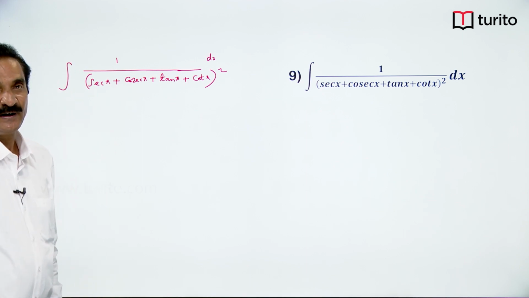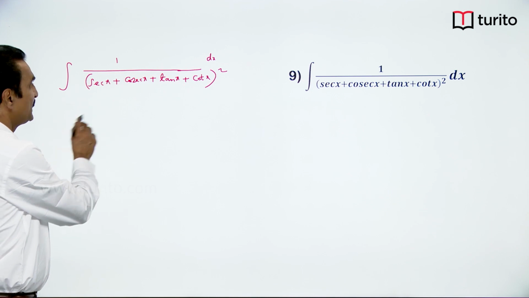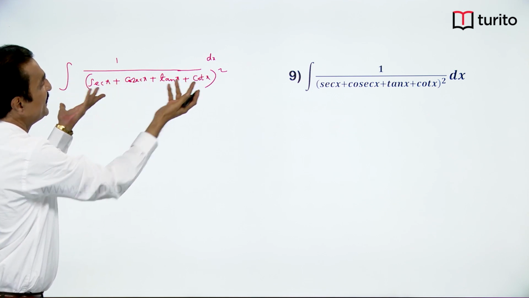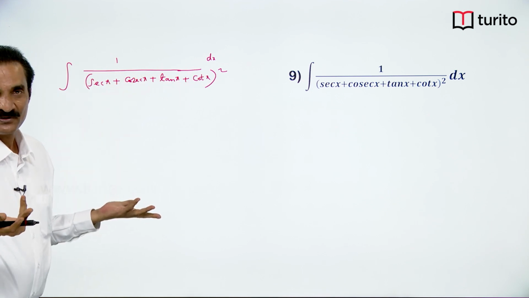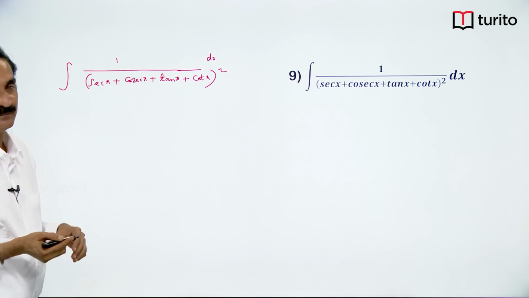Let us simplify, because if you try to substitute the entire term as t, we do not have its derivative. So, we need to simplify.